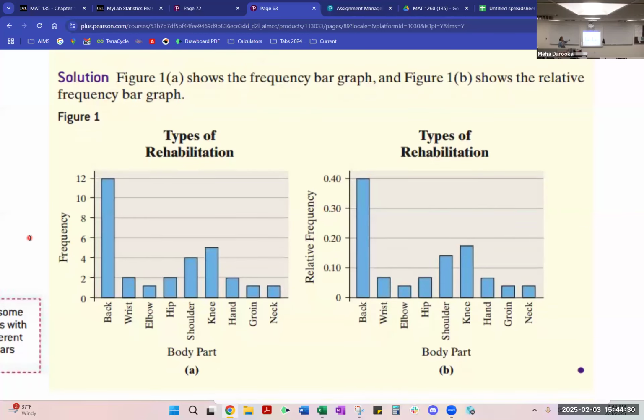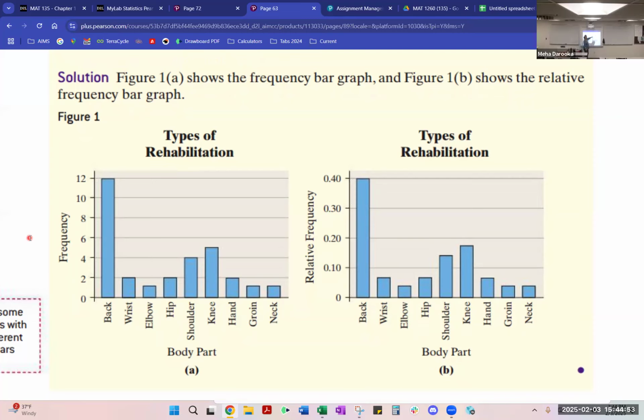You can see the graph on the left-hand side is based on the frequency distribution. The graph on the right-hand side is based on relative frequency distribution, because they're telling you what that vertical axis is. So of course, your horizontal axis is based on the different body parts. The vertical axis for each of the graphs is based on frequency or relative frequency.